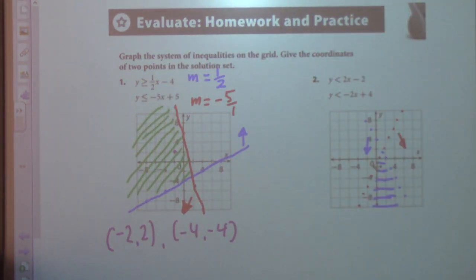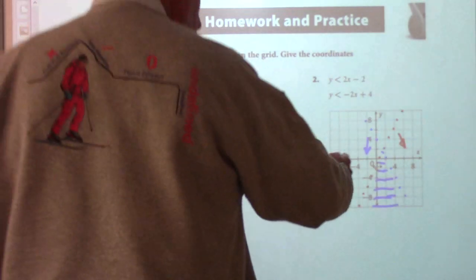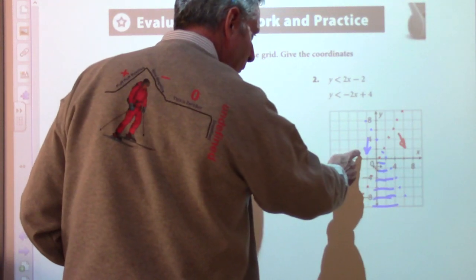Okay, and then lastly, what are 2 points within that shaded area below? -4, 1. Let's check that out. So Seth says -4, 1. -4, 1 is up here, right?